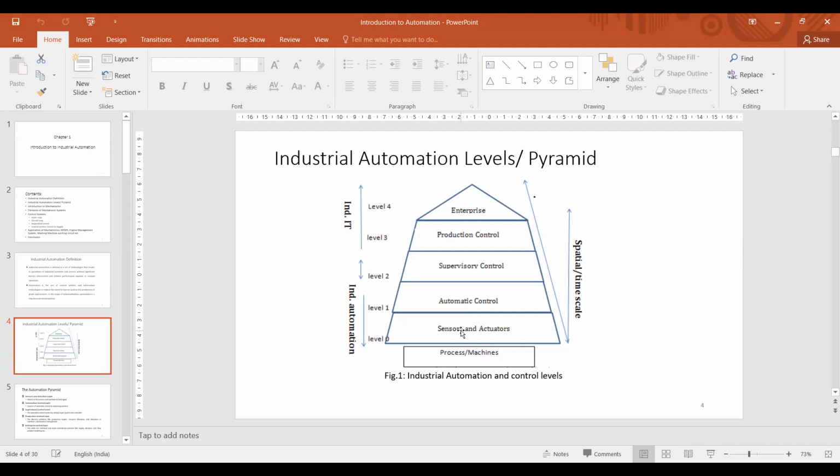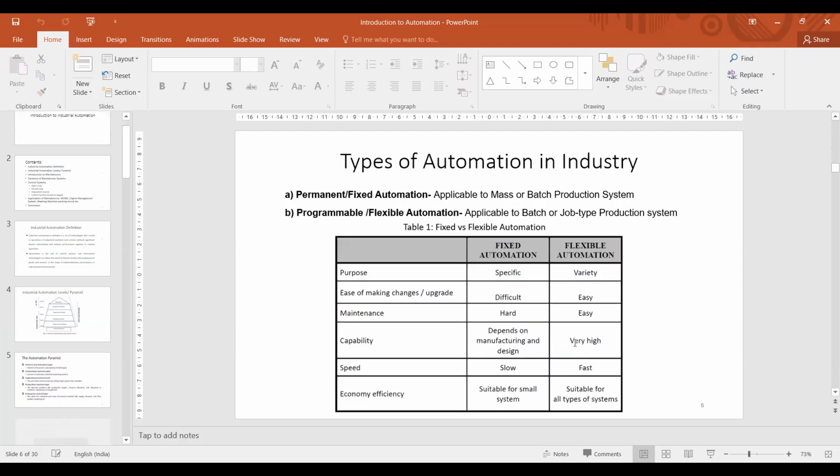Supervisory control won't give you any value because it may consider a 1 or 2 hour time period. Production control will cover data for 1 day, 2 days. Enterprise would cover it for weeks or months. So the time period is very small for sensors, but the duration increases as you move upwards. That is what this spatial to time ratio means.